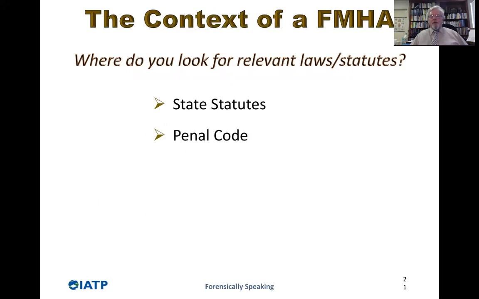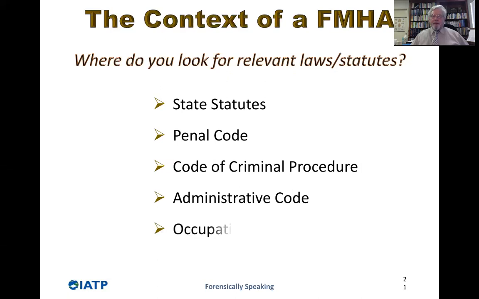So where do you look for relevant laws and statutes? This is really important because your state statute is the first place you go. Not every state permits, by the way, a licensed mental health counselor, licensed clinical social worker, or marriage and family counselor to do forensic mental health assessments. Every state is different. It's important that you have the statutes in front of you that state what it is.